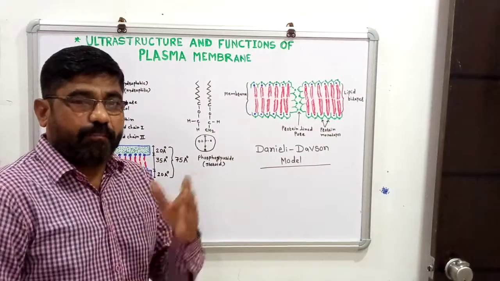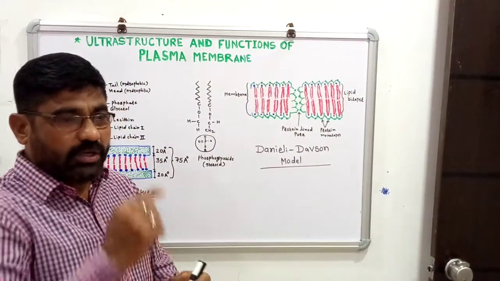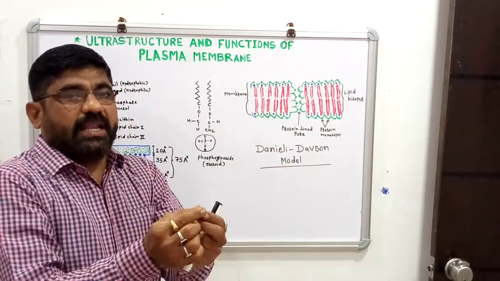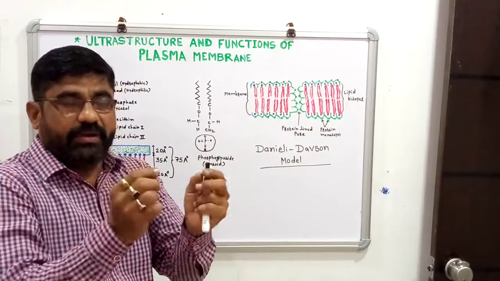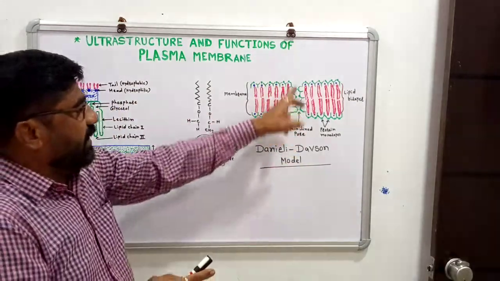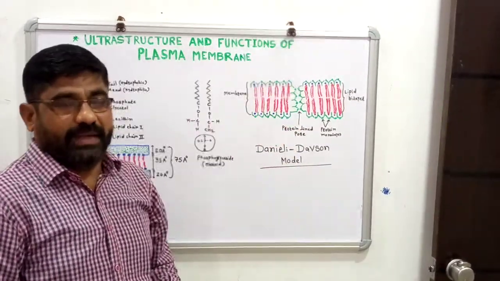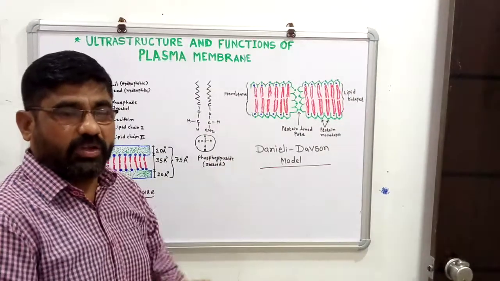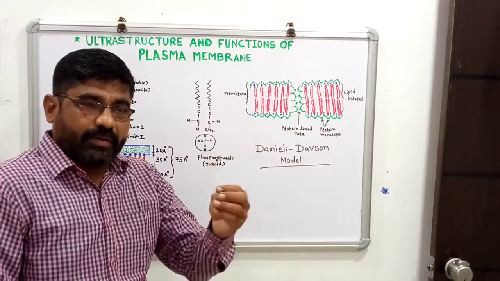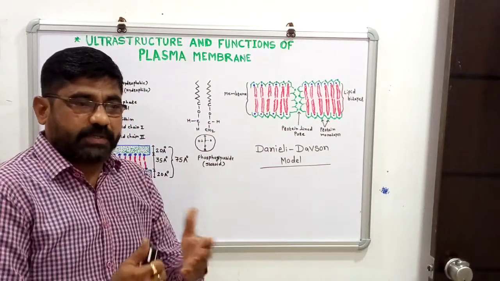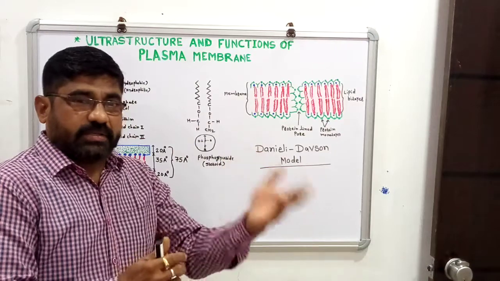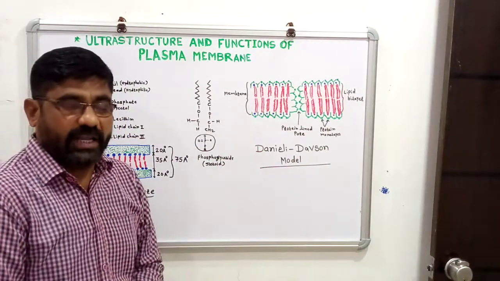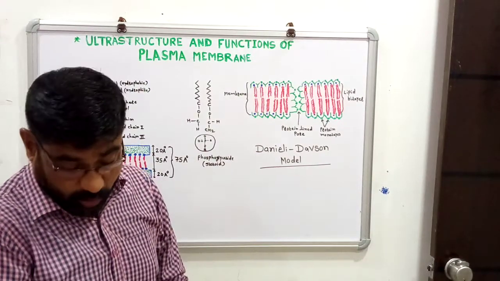It is not completely closed around the cell, but has specialized pores, and those pores are permeable. Because of the alternate pores on the plasma membrane, specific substances are allowed into the cell, allowing the exchange of materials.